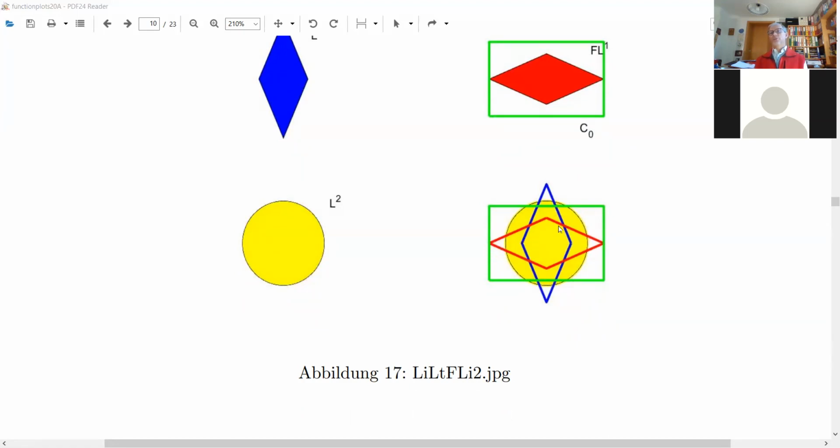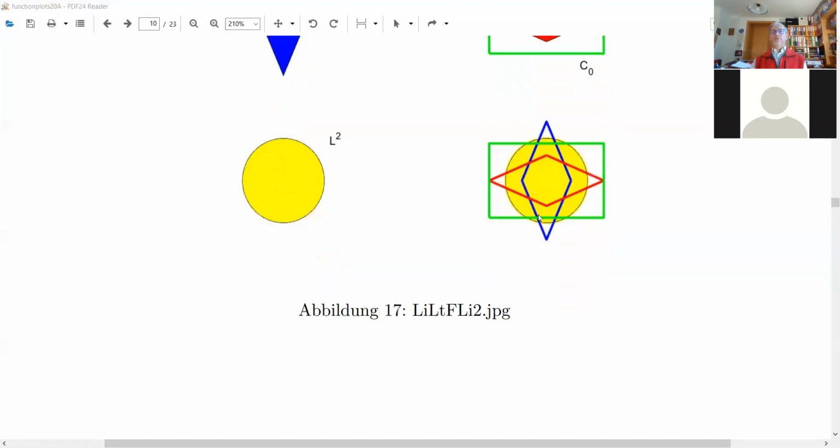That is quite easy, because the square of a function is at most the absolute value of the function times the maximum of the function, and you can pull it out. So a bounded integrable function must be square integrable. In terms of my plot, if you take the intersection of the green rectangle with the blue rhombus, you're inside a yellow area.